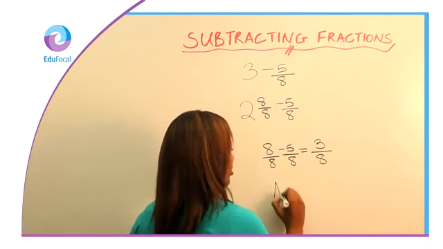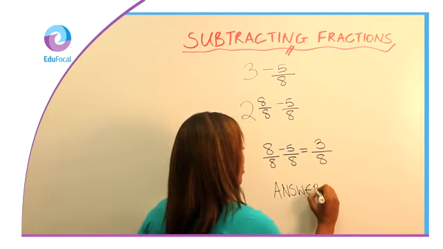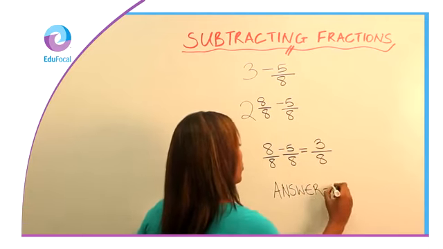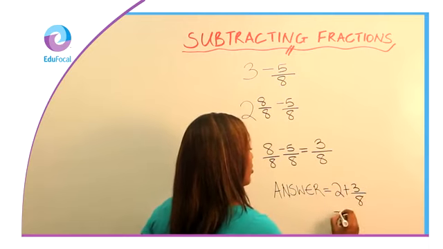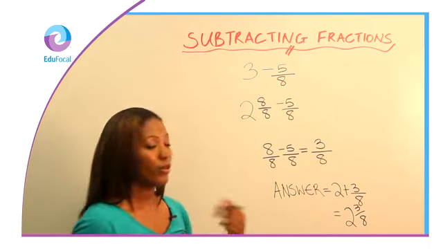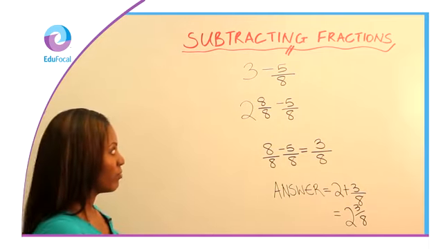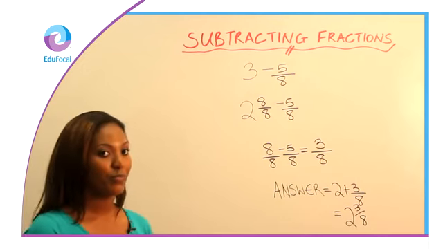So the final answer will be 2 plus 3 over 8, which we know we write as 2 and 3 over 8. And those are the two ways that you may work the question. I'm sure you'll find other examples that you'll try on your own. All the best.